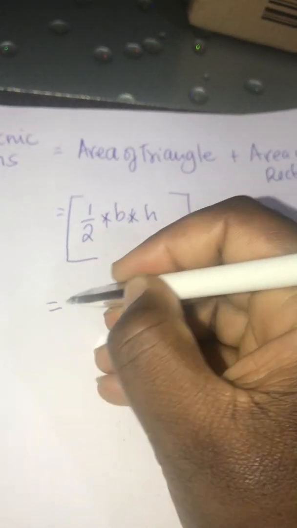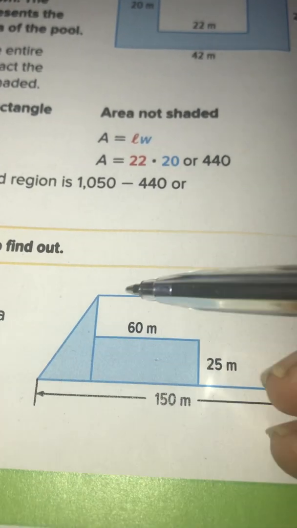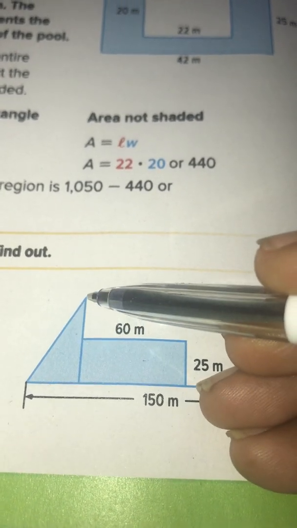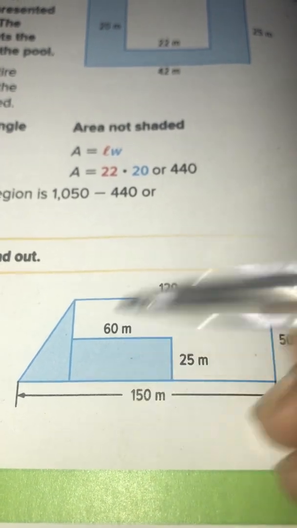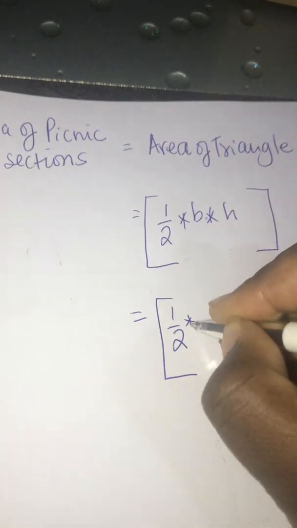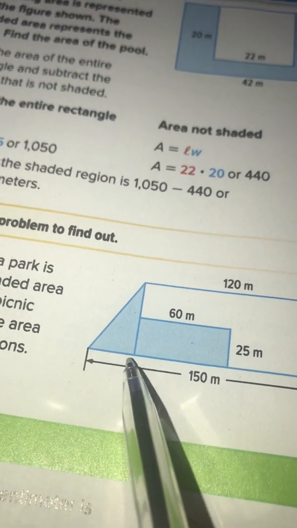Now let's go back to our picture and find our values. The base of the triangle is from here to here. So that will be 50. So 1/2 times 50. The height of the triangle will be the distance from here to here.